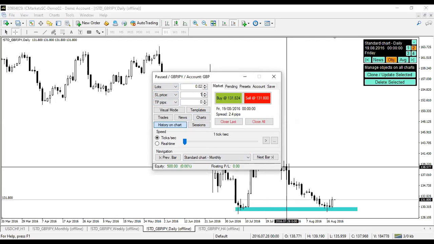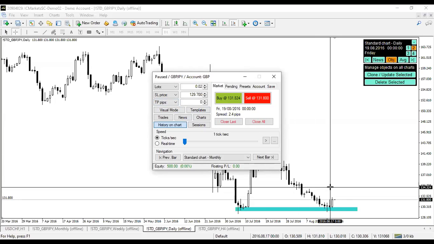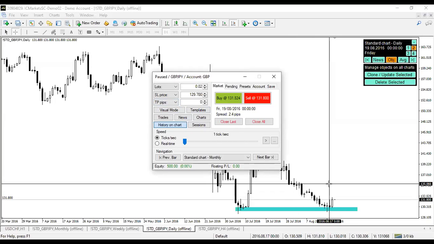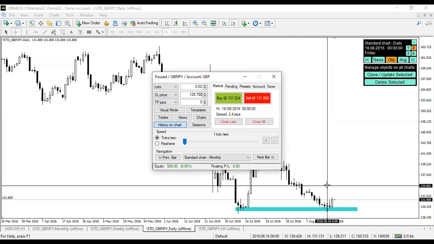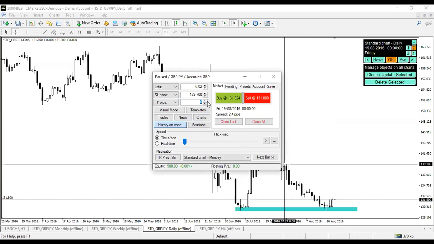So 129,700 is our stop loss, and our first take profit target would be this 135, or it can be this one as well. So we can go for a higher take profit. So 135 is our first.